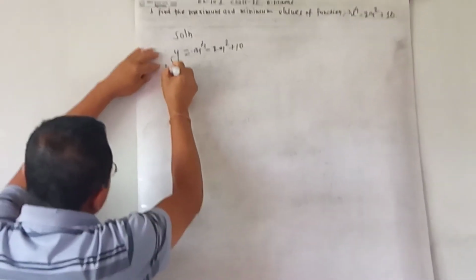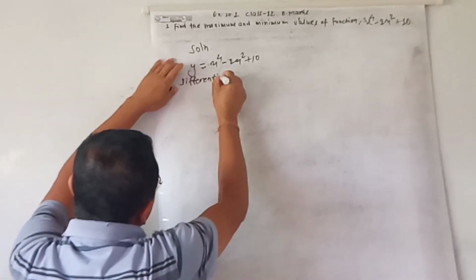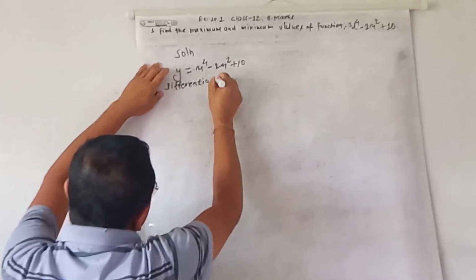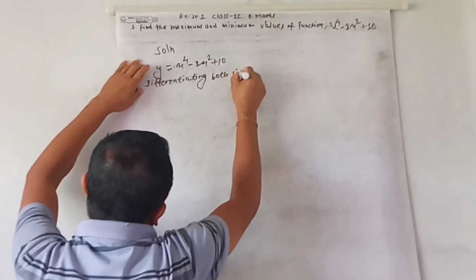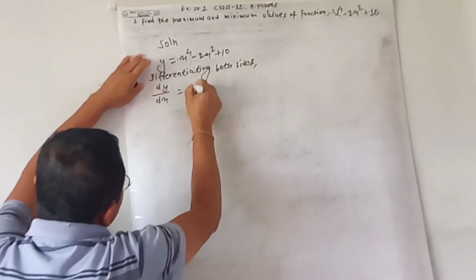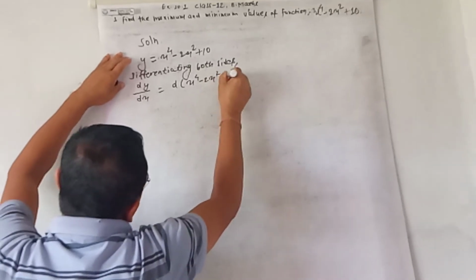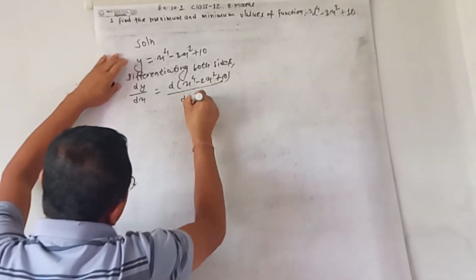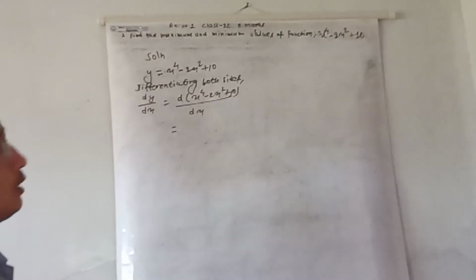Differentiating both sides, dy by dx is equal to d of x power 4 minus 2x square plus 10 by dx, means the derivative of the given function with respect to x.